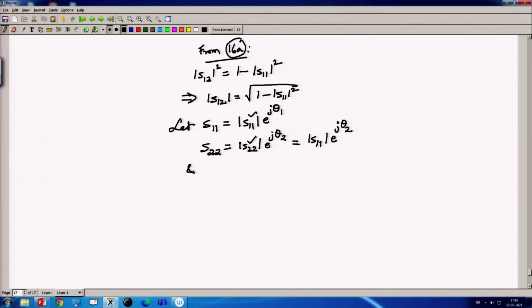Regarding S12, we can write mod S12 e to the power j phi.